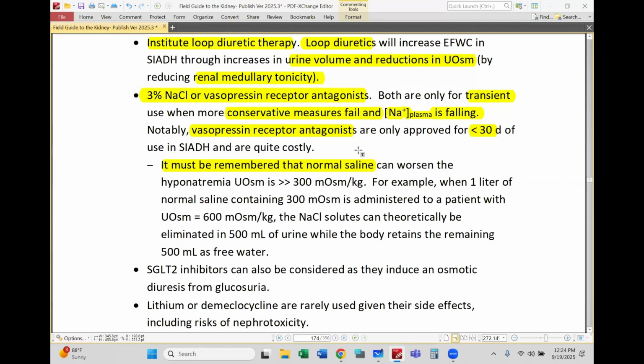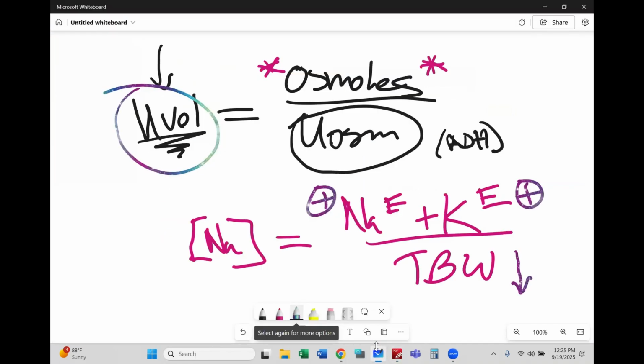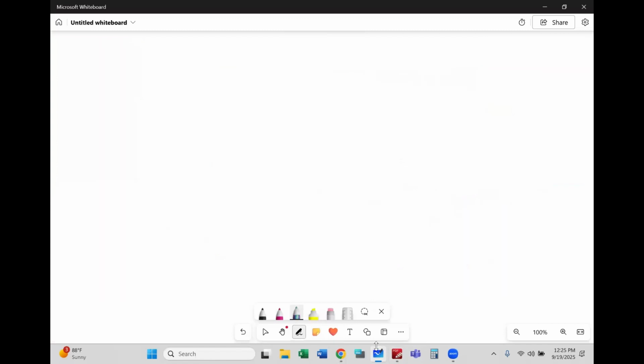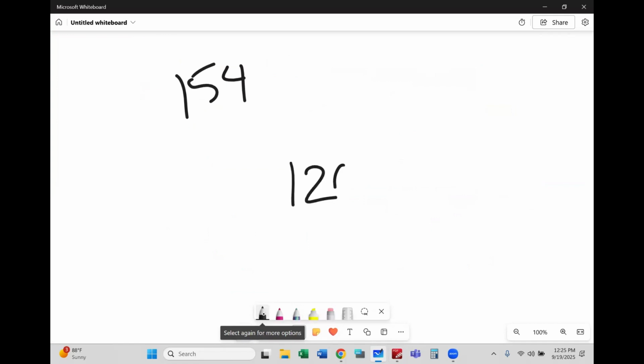Did you know that when you give normal saline, which has a sodium concentration of 154, you can actually worsen a case of dysnatremia with a sodium concentration of 120? Okay, so let's go over how this may happen. This doesn't intuitively follow. It should go up if I give a fluid with a sodium concentration of 154.